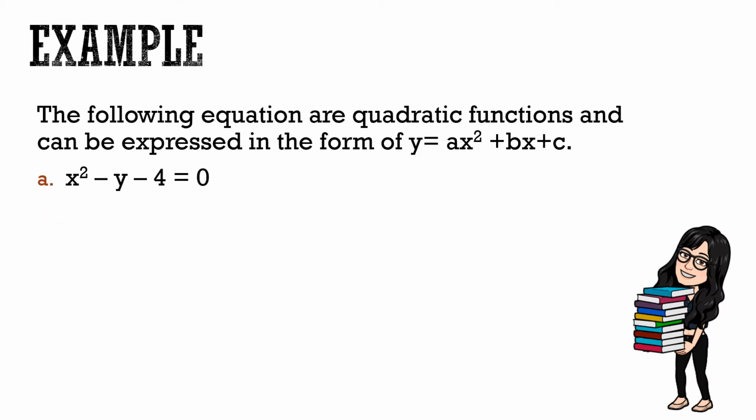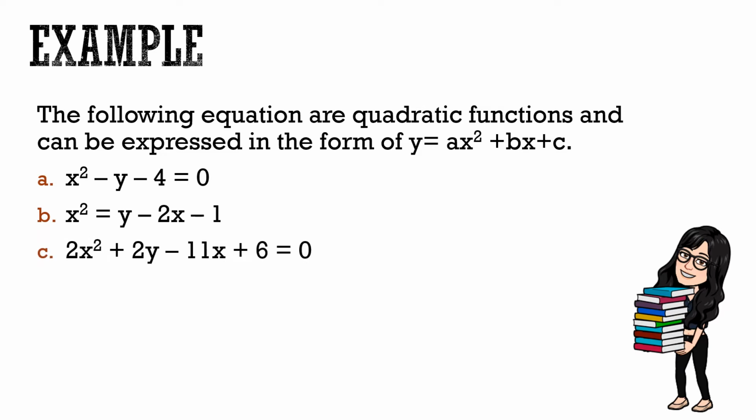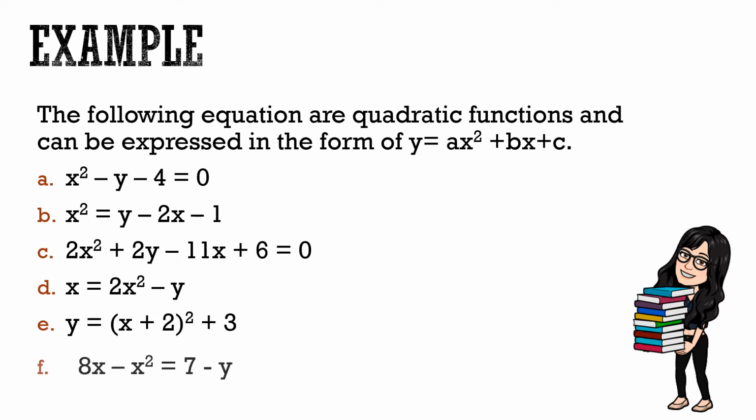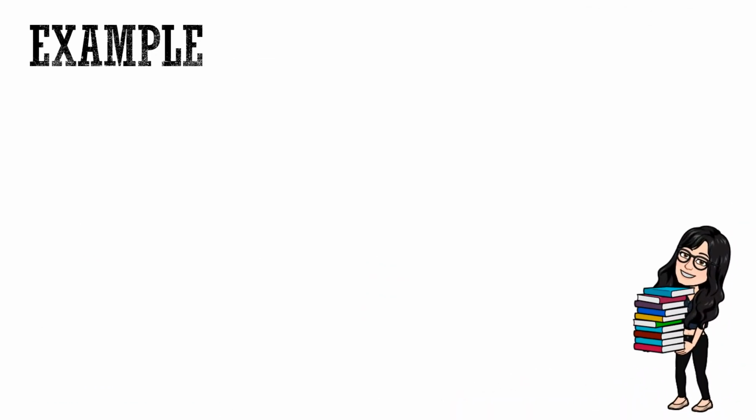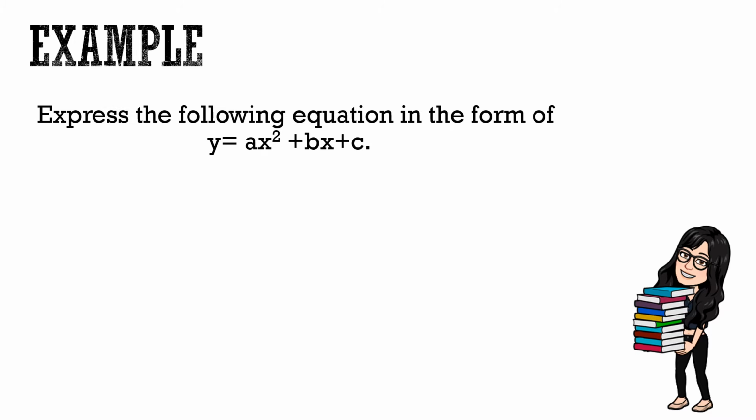We have x squared minus y minus 4 equals 0, x squared equals y minus 2x minus 1, 2x squared plus 2y minus 11x plus 6 equals 0, x equals 2x squared minus y, y equals the quantity x plus 2 squared plus 3, and 8x minus x squared equals 7 minus y. Express the following equations in the form of y equals ax squared plus bx plus c.